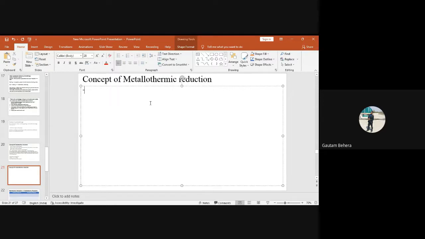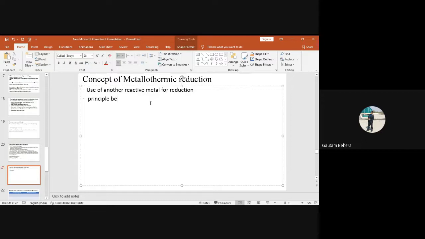Metallothermic reduction simply means use of another reactive metal or active metal for reduction. So metallothermic reduction processes are those processes which utilize a reactive metal as a reducing agent, but not carbon. Okay. So what is the principle behind this?